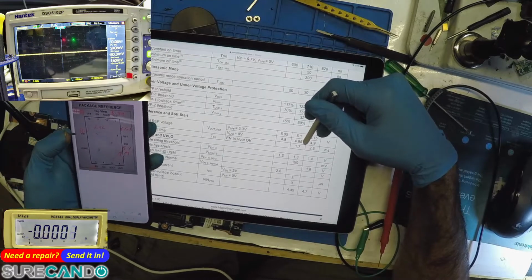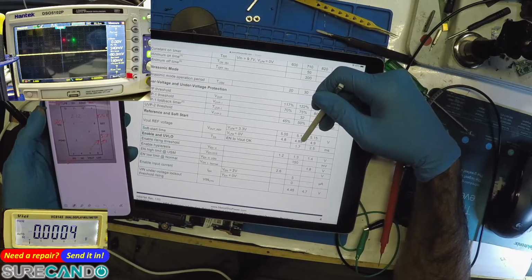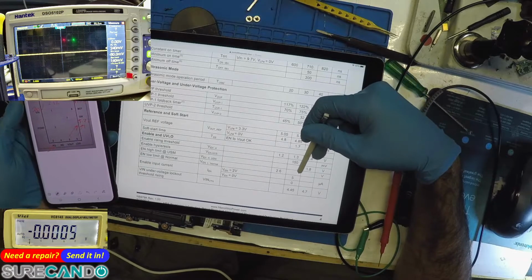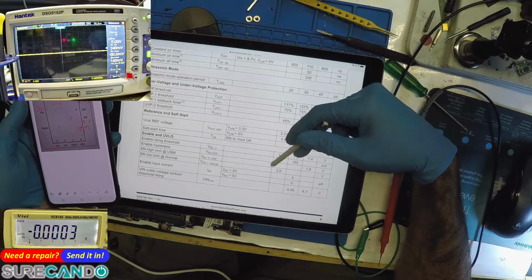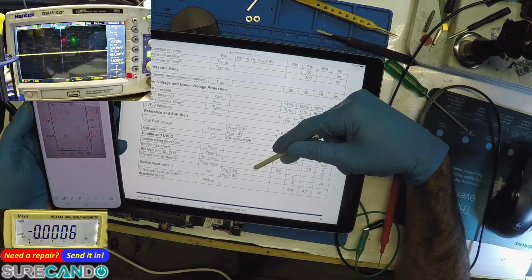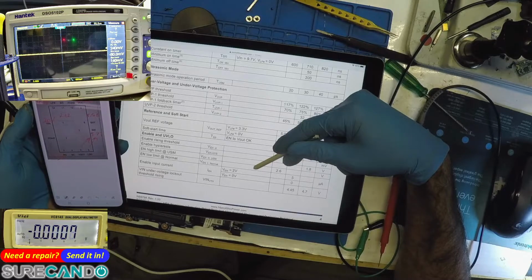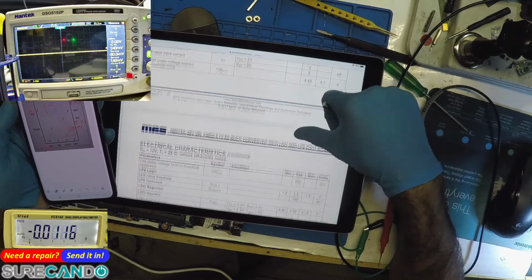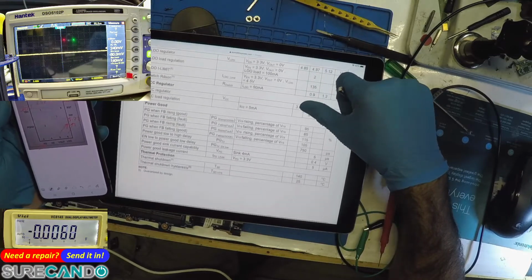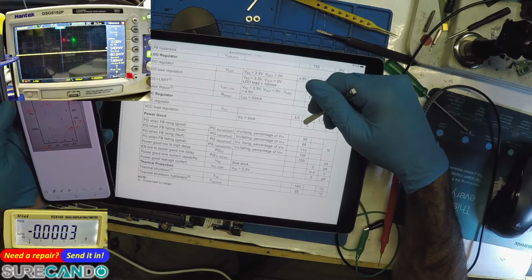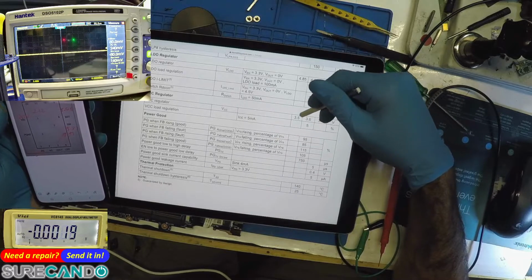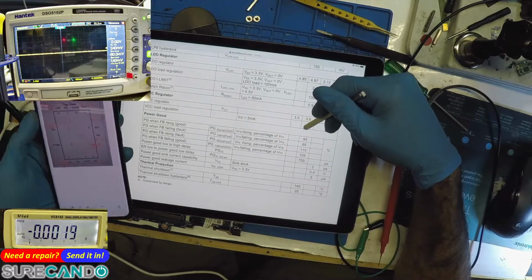VLP, see, 4.88, 4.85. Enable input current, enable, we got 2.12. Okay. VCC regulator, 3.59. That's spot on.